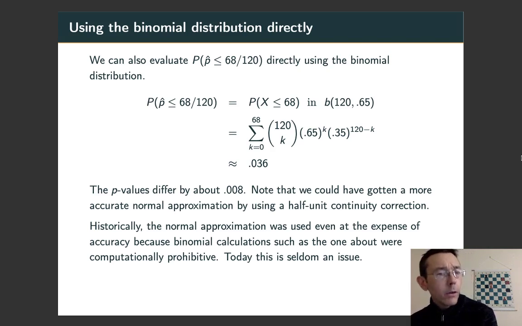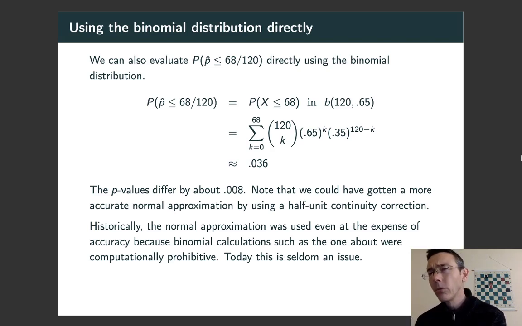Notice that it's a little bit different. Maybe it's surprising how different it is from the one that we got using the normal approximation. It's off by 0.8% of a percentage point. So why isn't it closer? Well, if you think way back when we did the half-unit correction, continuity correction for the normal approximation to the binomial distribution, we saw errors like that. If we really wanted to get that normal approximation to be exceptionally strong, we would want to apply that.